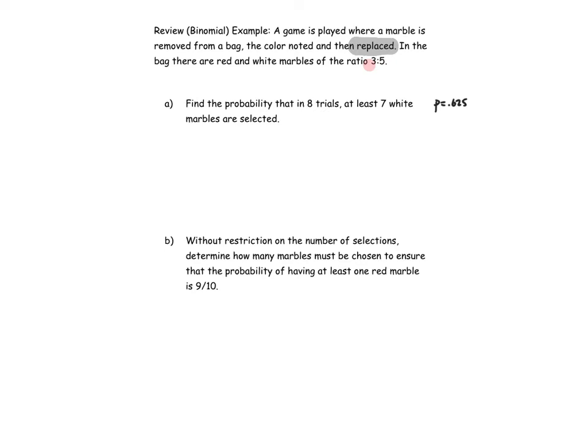So to find the probability that in 8 trials, at least 7 are white, we would have to find the probability that X equals 7 plus the probability that X equals 8. Now, you could do this in a couple of different ways. One is find those two probabilities individually. So that would be 8 choose 7, p to the 7th, q to the 1st, and 8 choose 8.